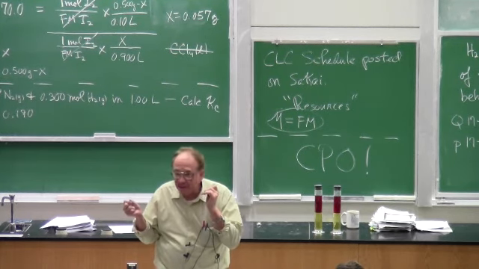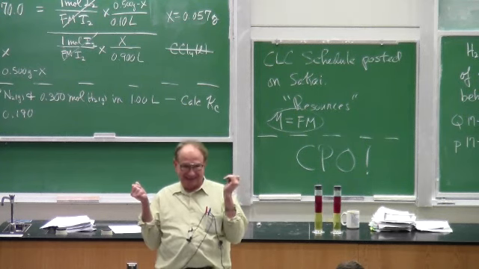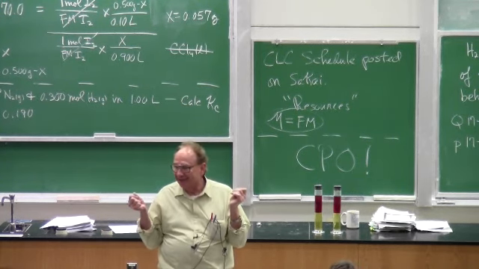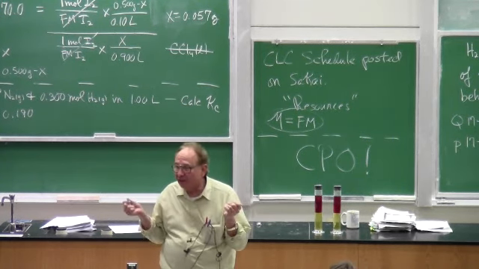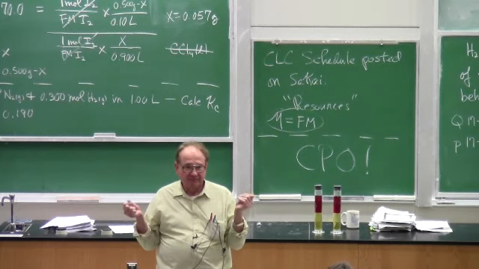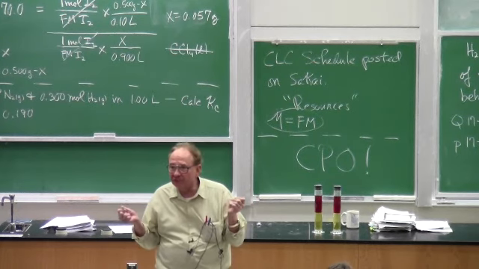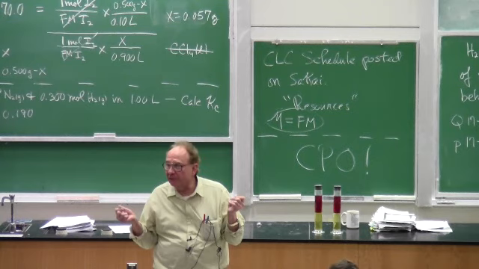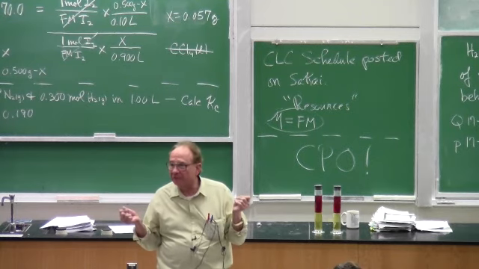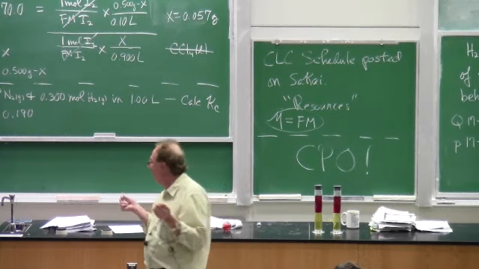Write the equation for the reaction. That's right. Because with the equation for the reaction, you can write the equilibrium constant. And then you have the tools or the information necessary to go further with analysis of the problem.